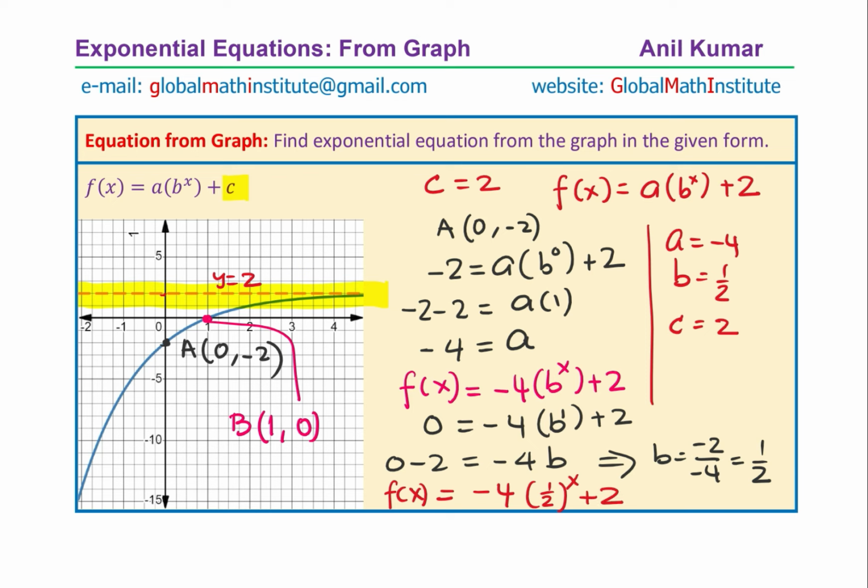Makes sense? See how easily, step by step, we could actually find the equation from the graph. So remember, horizontal asymptote relates to the vertical translation. The y-intercept relates to vertical stretch or compression, and the value at 1 helps us to find the base of the exponential function, correct?